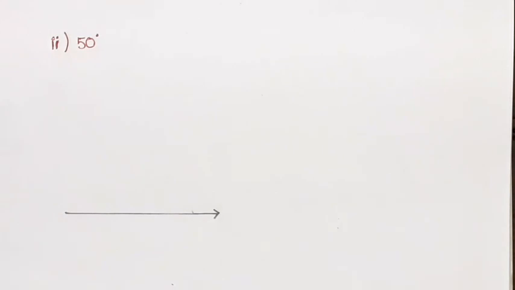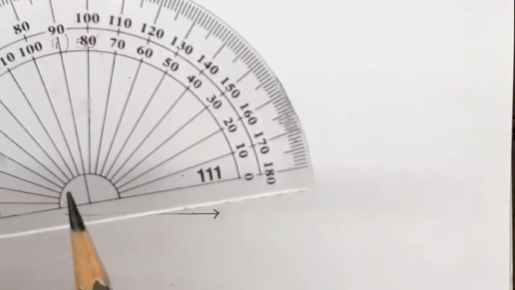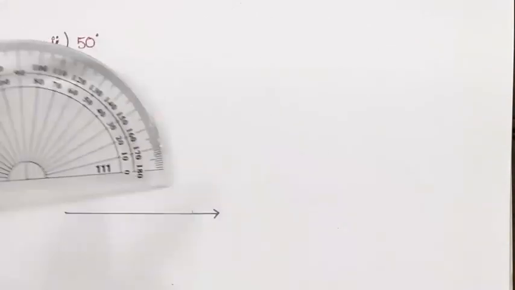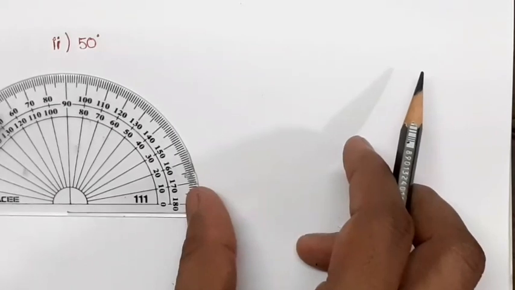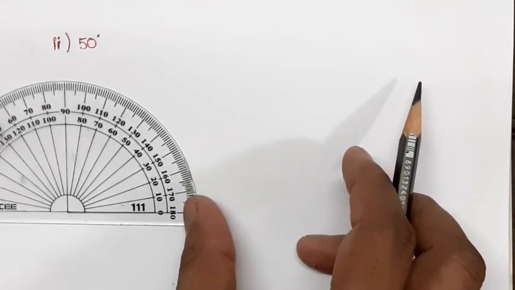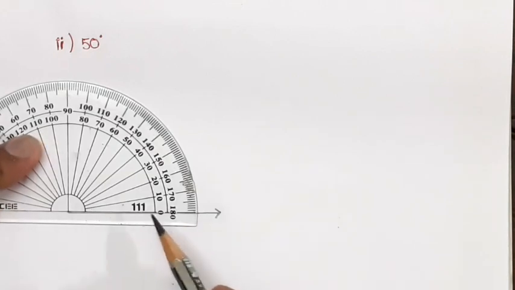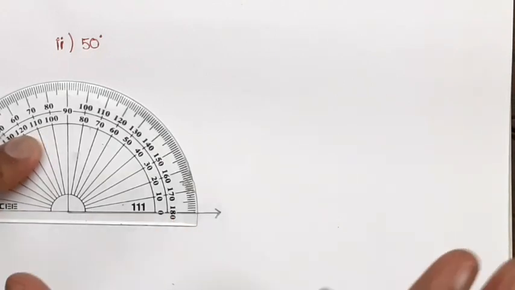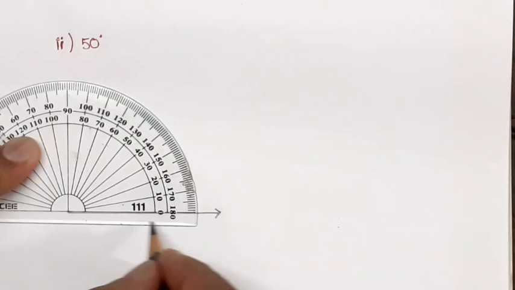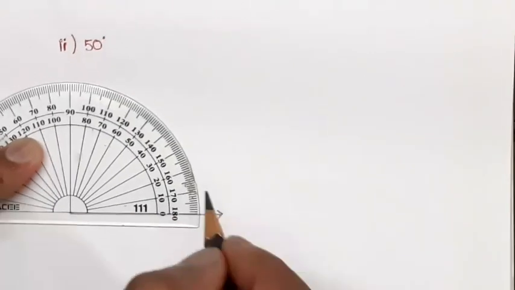Now we want 50 degrees, hence keep this center of the baseline on the end point of our ray, and by coinciding this, now look, inner scale, you always keep this thing, that is enough. Left side inner scale, left side inner scale.